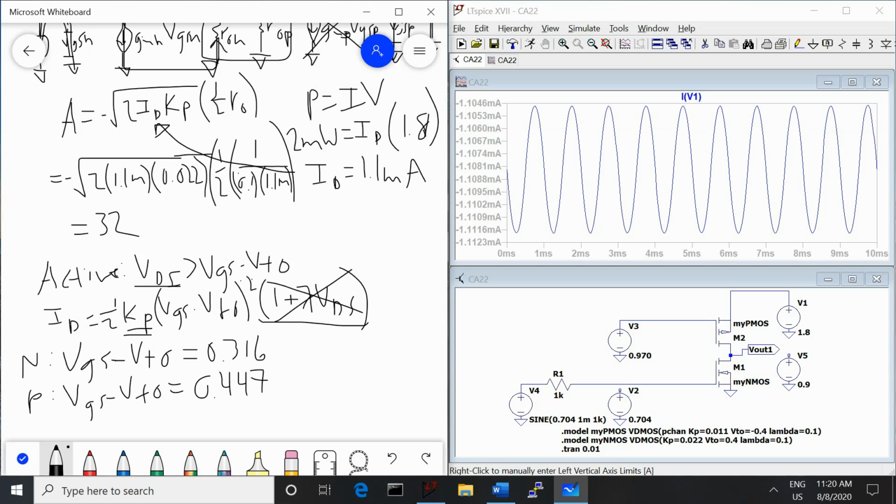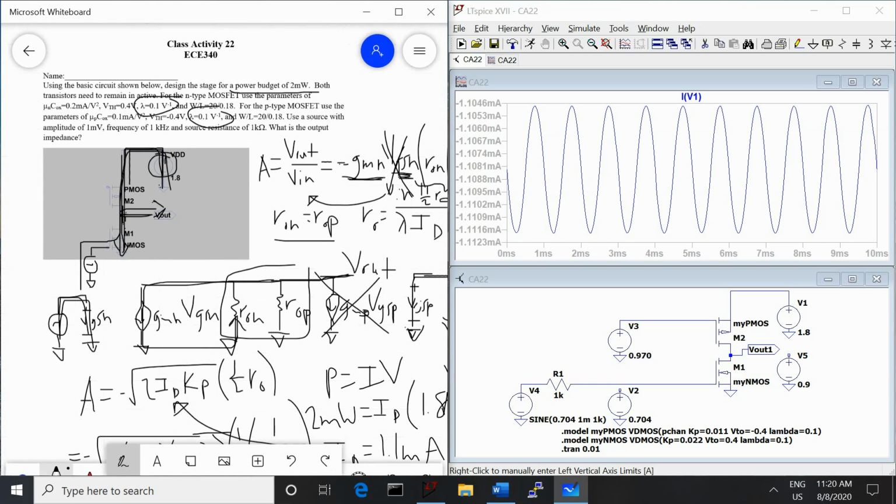VDS is our DC bias point, which we checked was at 0.9. So 0.9 is greater than both 0.316 and 0.447, so we're good to go there. Both of our transistors are active. The other thing that we always want to make sure we check at the end is that our assumptions are true. In this problem, we haven't made any assumptions, so we don't need to check anything there.